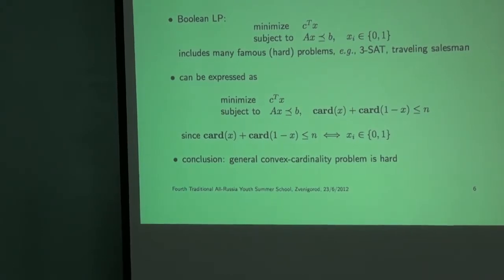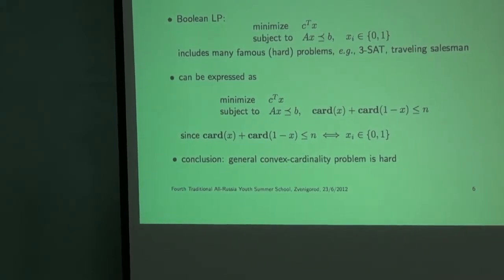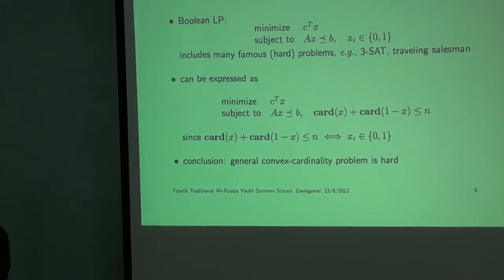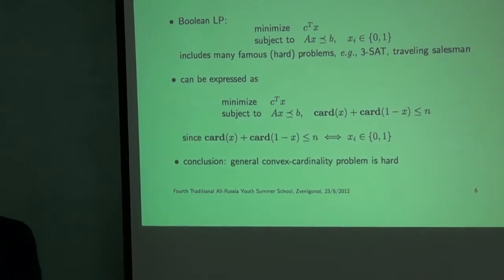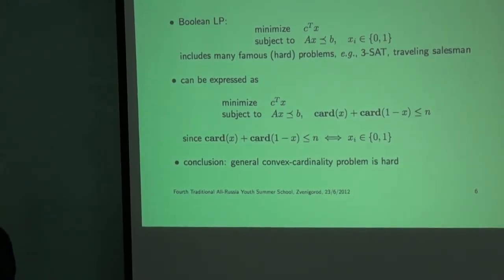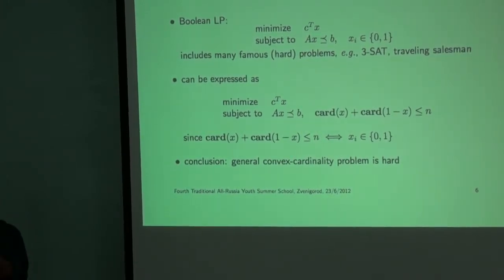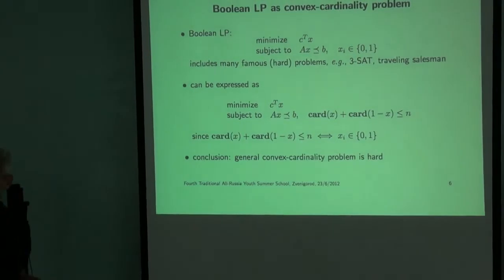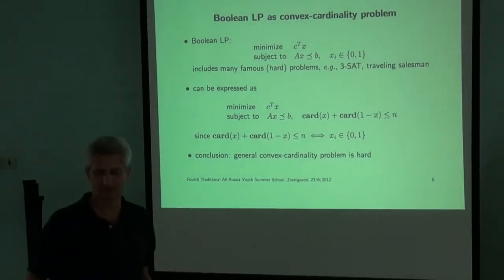It can't be 0, because that would require x to be both 0 and 1 at the same time. It's 1 if x is exactly 0 or 1, and 2 otherwise. So this is equivalent to saying x is 0 or 1. And so we're done. That's taken care of.